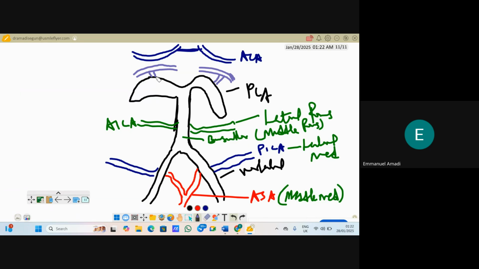Let's assume this is a right-handed man, and I'm seeing different types of arteries, but in the options, I'm seeing the left middle cerebral artery, and I'm seeing the right middle cerebral artery. I'm going to go for the left middle cerebral artery.